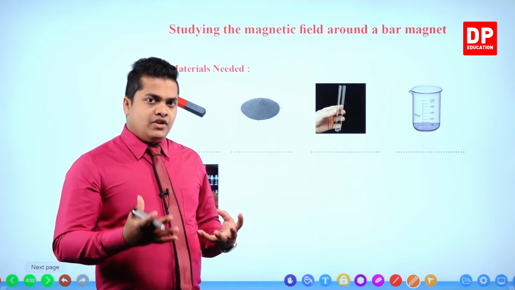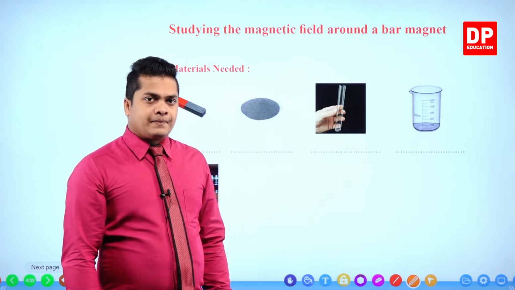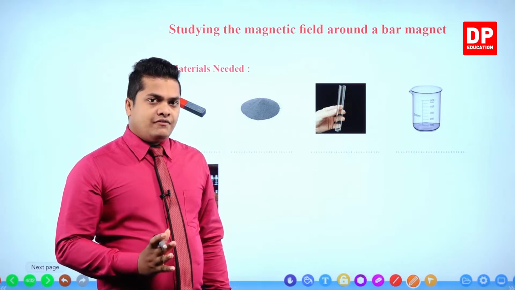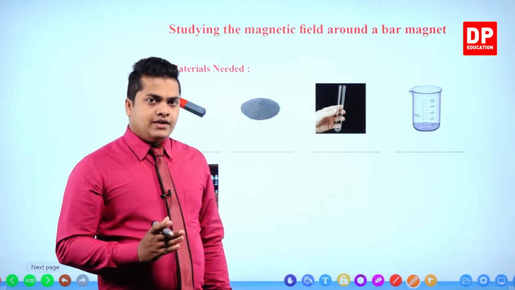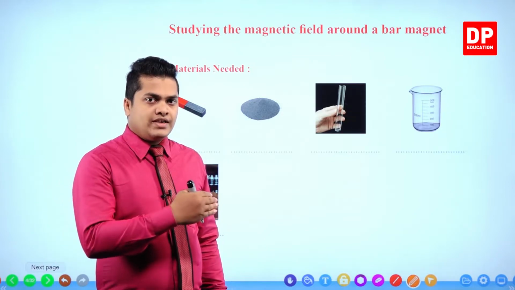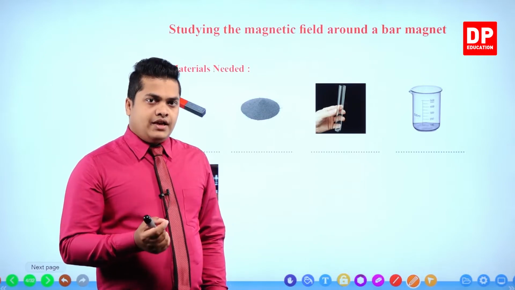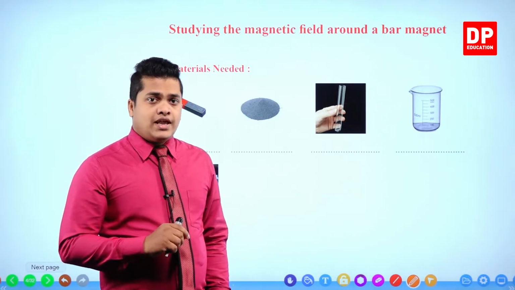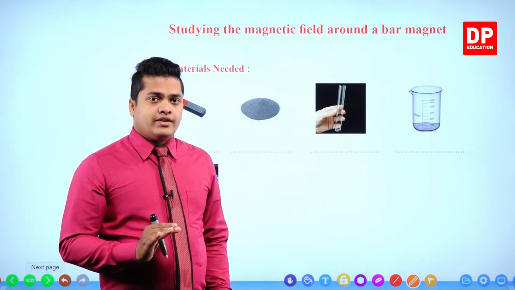That's the way we could identify the magnetic field in the earlier case. But my dear children, the magnetic field, or the magnetic power, is not going to spread only lengthwise and breadthwise. The magnetic field is going to spread in a three-dimensional array.